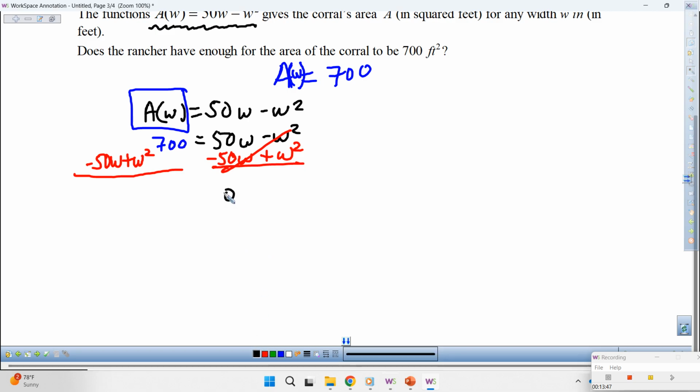So we end up with 0 on this side. This side I'm going to write in standard form. Which one goes first, guys? What do I write first? The W squared, and then the negative 50W, and last, plus 700.